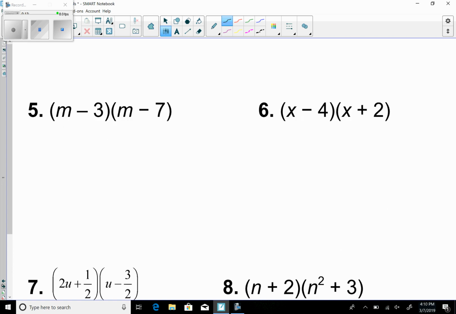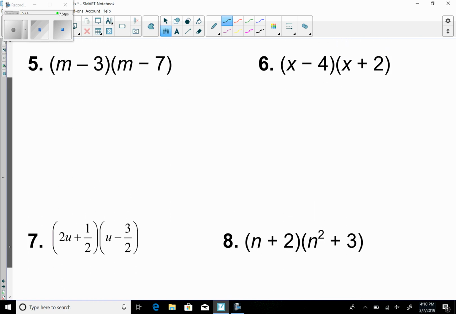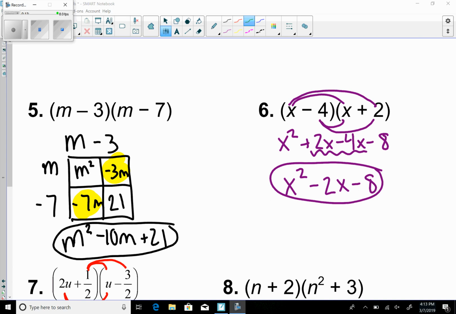All right, then this next slide, these are the examples that you have in your notes. So once again, take a couple minutes, pause the video, try them. All right, so here are my solutions.